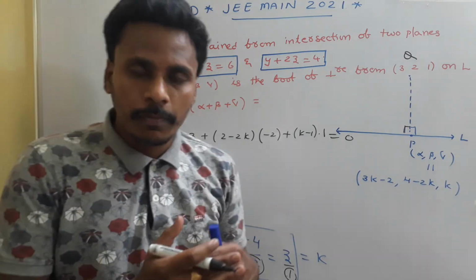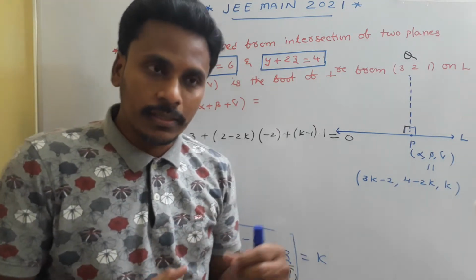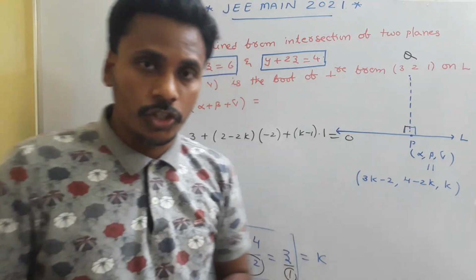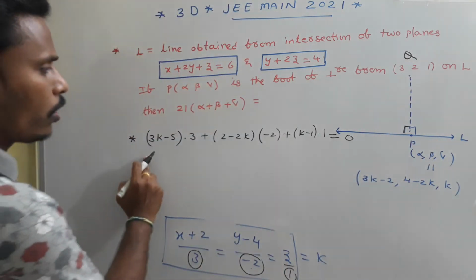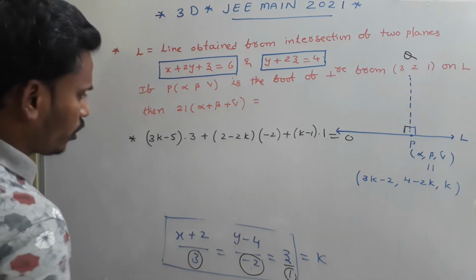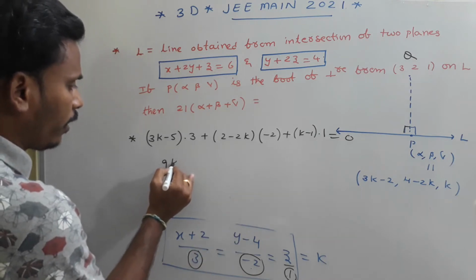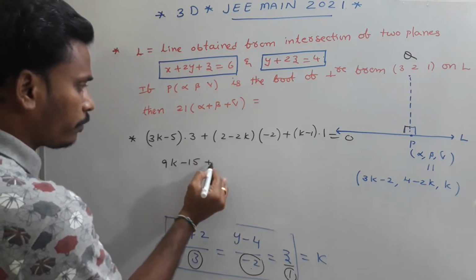So if two lines are perpendicular, then the sum of the products of their DRs is 0. ఆ లాజిక్ యూజ్ చేసాం ఇక్కడ PQ DRs, line DRs. సో ఈ సింప్లిఫికేషన్ నుంచి k ఫైండ్ అవుట్ చేయాలి. సో వాట్ ఇట్ ఈస్ 9k minus 15.